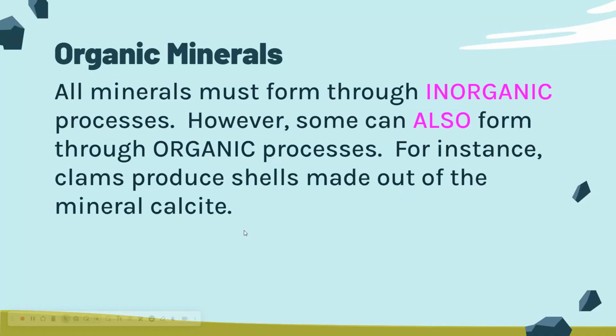But sometimes they can also, and that's a big also, form through organic processes. For instance, clams produce shells, and that's made out of the mineral calcite. So you can have some that additionally get formed through organic processes. So three ways: magma or lava, solution, or organically.